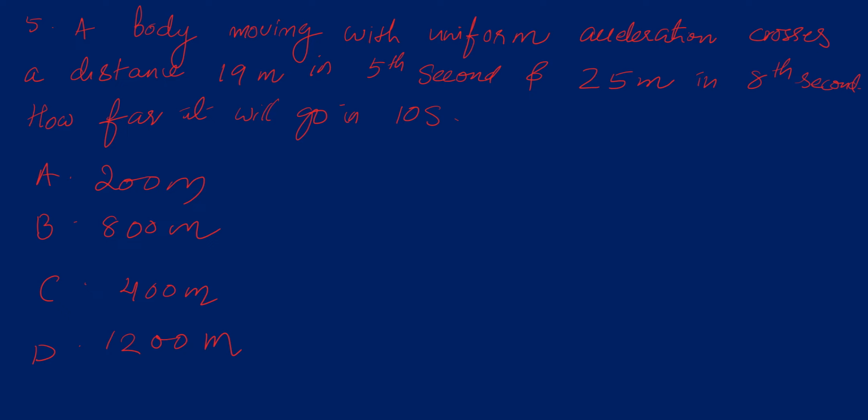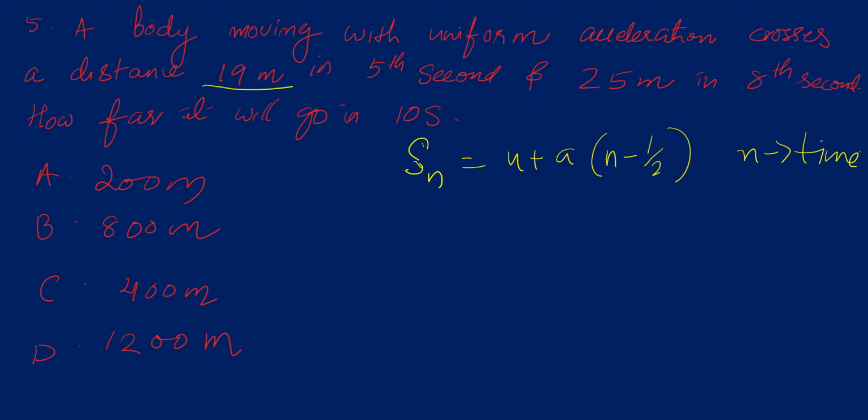A body moving with uniform acceleration crosses a distance of 19 meter in the 5th second and 25 meter in the 8th second. How far will it go in 10 seconds? Distance traveled in the nth second is Sn equals u plus a into (n minus half), where n is the time.